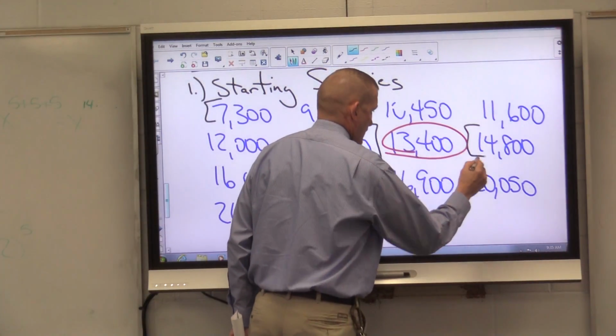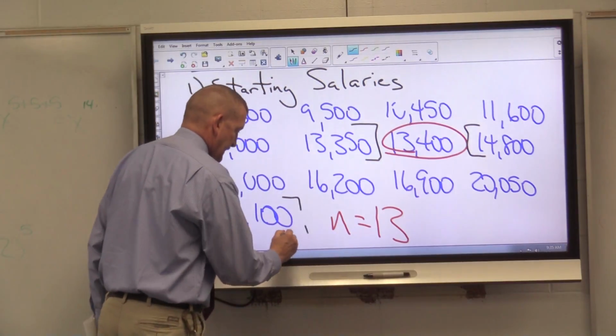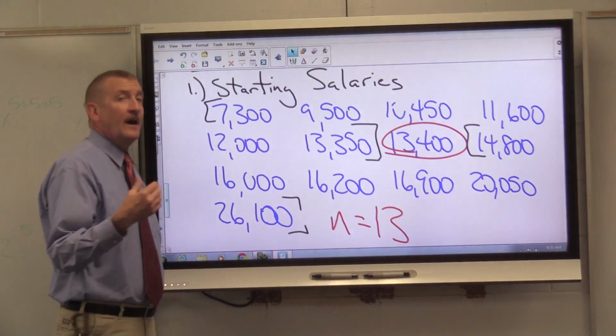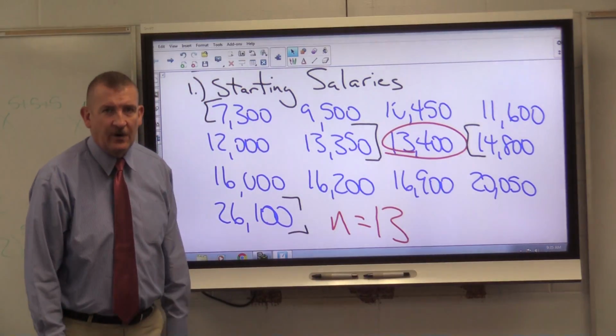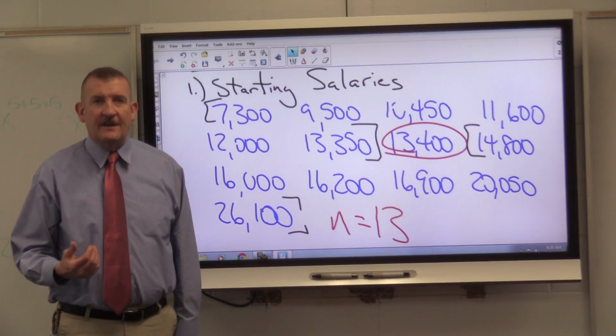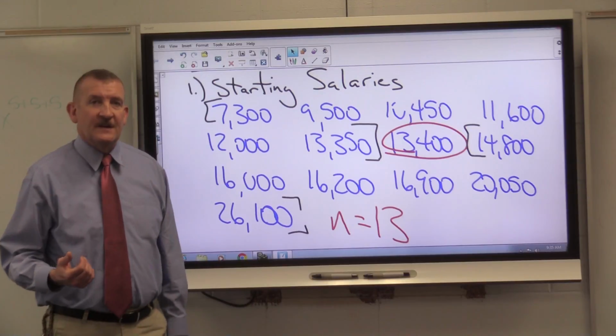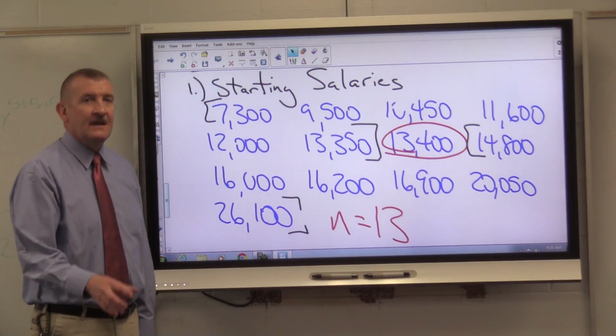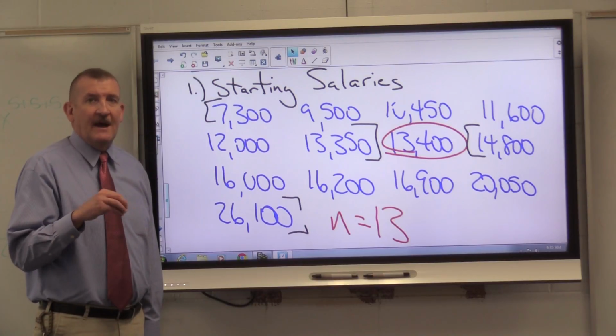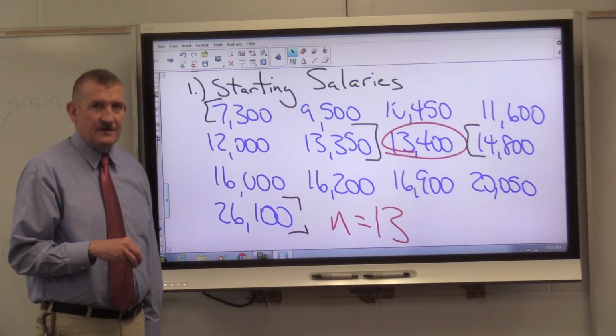This is my upper 50% of the data. How do I know that? I know that because my median is 13,400. 50% of the data lies below the median, 50% of the data lies above the median. Okay? Now, calculate my upper and lower quartiles.